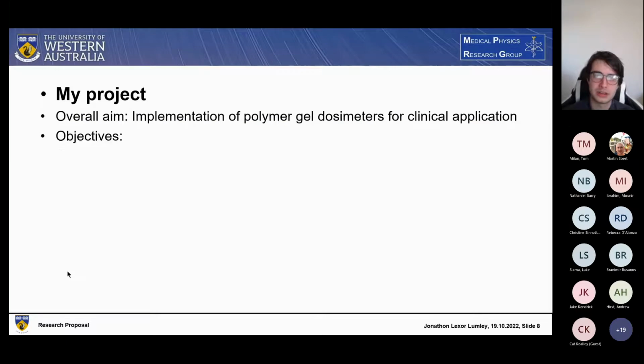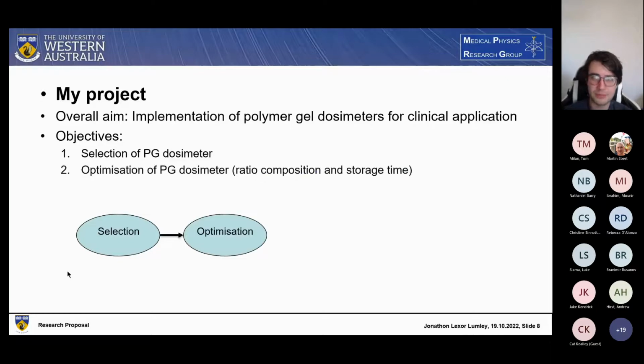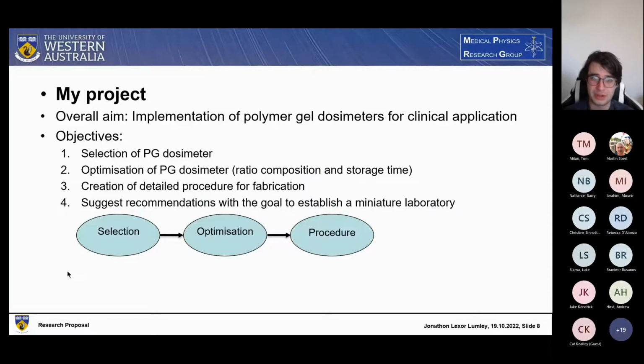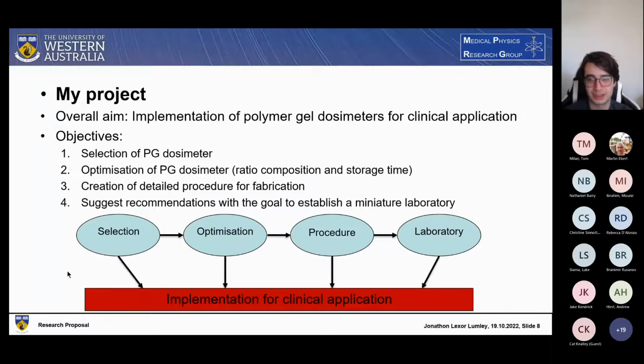These objectives are selection of the PG dosimeter, optimization of the PG dosimeter, creation of a detailed procedure for fabrication, and finally to establish a mini laboratory through recommendations made. And hopefully all of these objectives will lead to the implementation of clinical gel dosimeters.